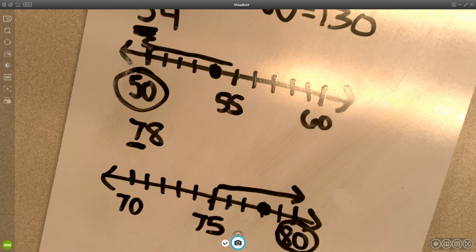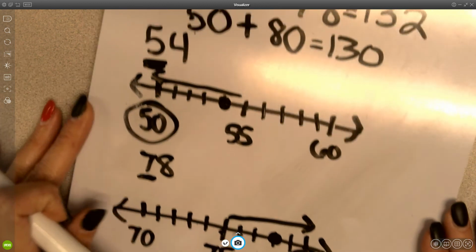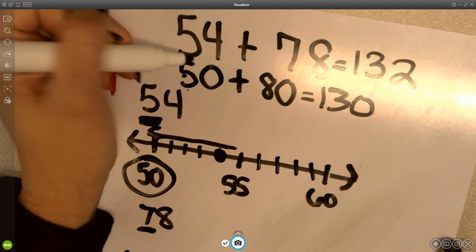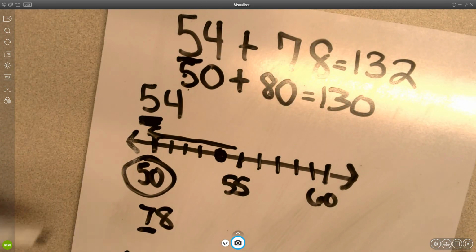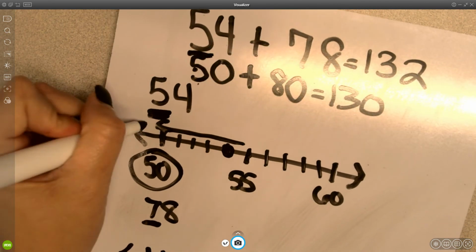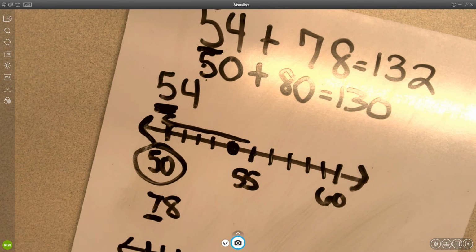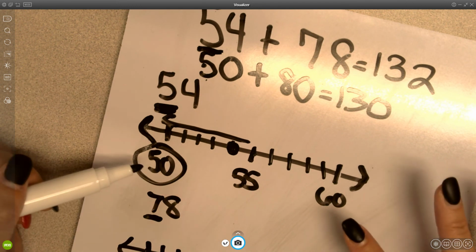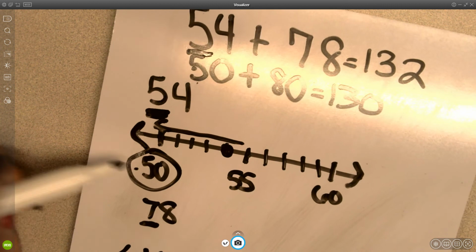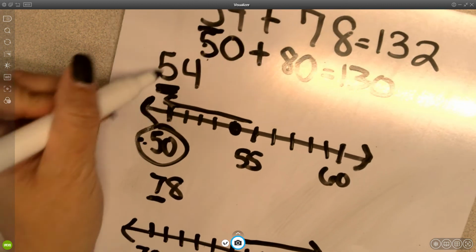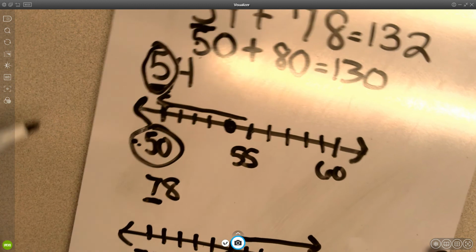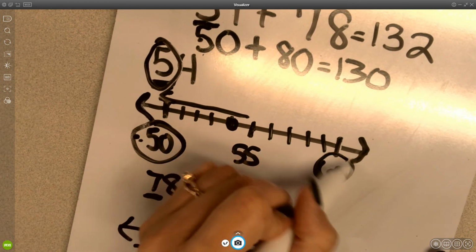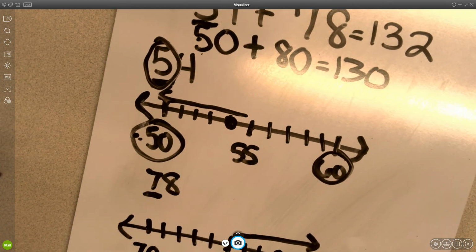So just as a reminder, when you are rounding, we're looking for the tens place. We need to place our numbers on a number line with the lowest multiple of 10 being the number that is in the tens place, and then the next higher multiple of 10 when you count up.